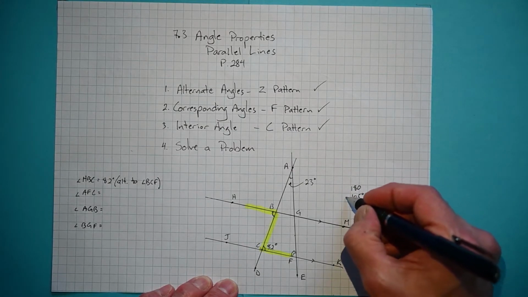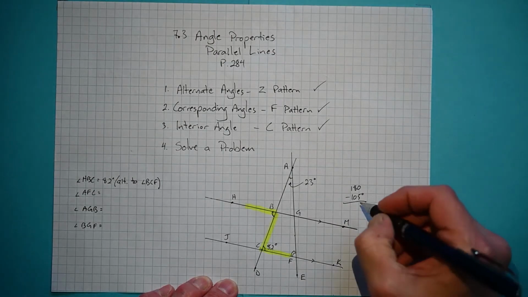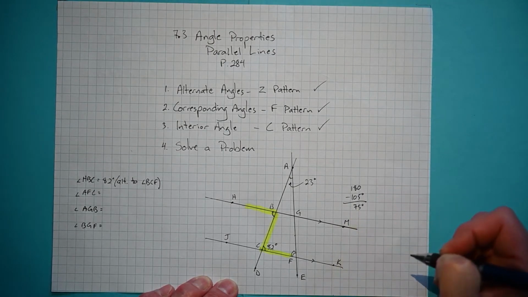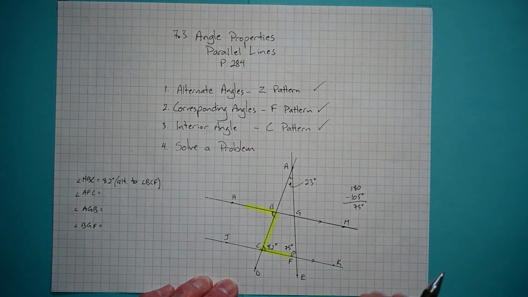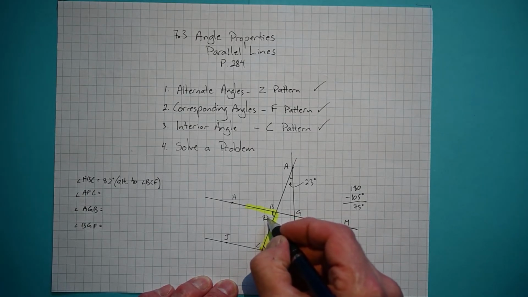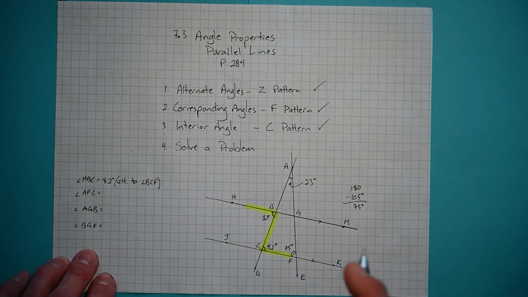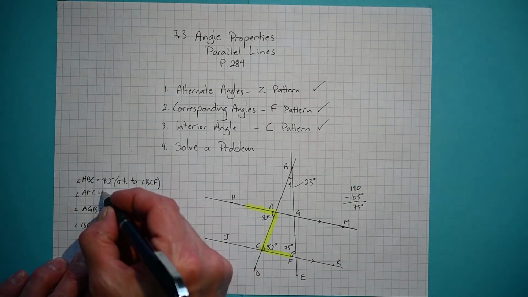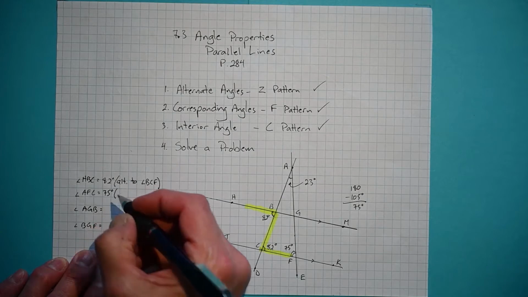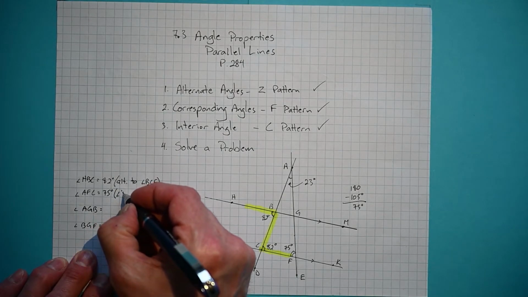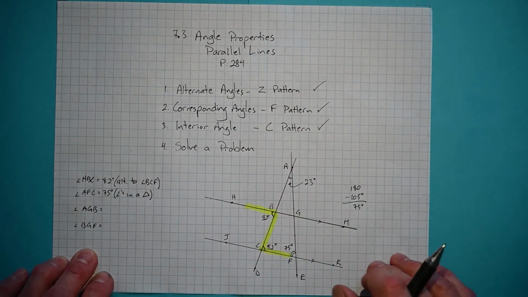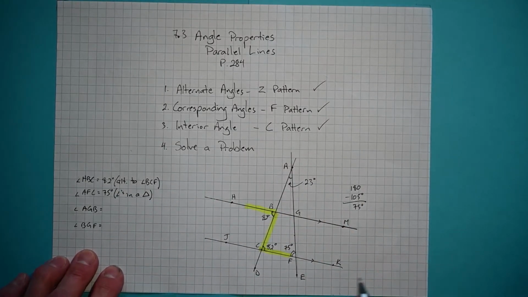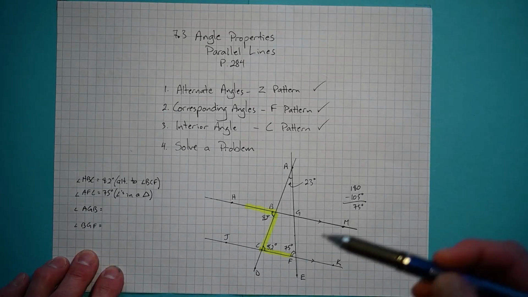And when I subtract that from 180, I end up with 75 degrees. And so that is the measure of this angle, 75 degrees. We already know that's 82. So now I can say angle AFC is 75 degrees, and the way we found that was by using angles in a triangle. Good. Next angle we're supposed to find, AGB.